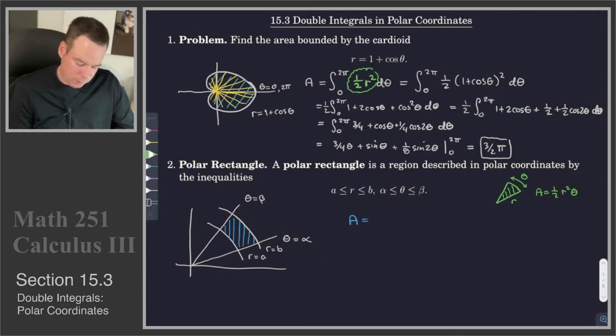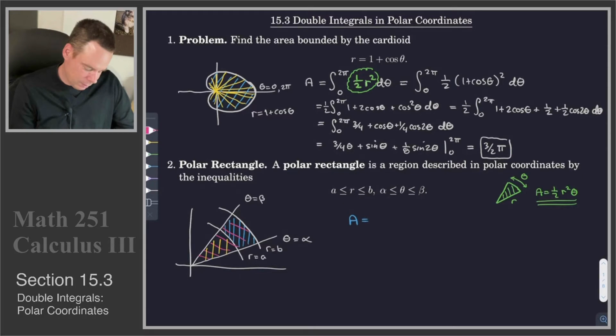So that's the area of this shape of pizza. And so what is the area of this crust-shaped region? Well, we can think of it as the area of the big slice minus the area of the small slice.